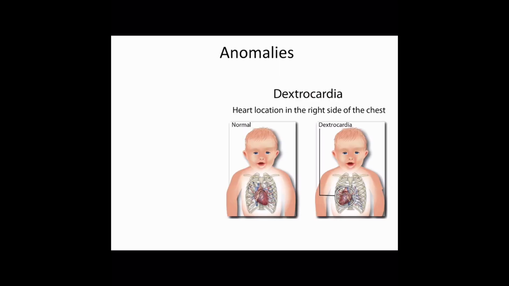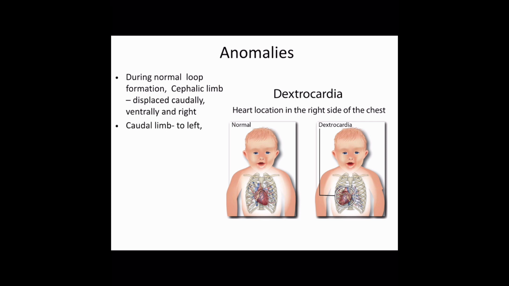Okay, now what are the anomalies? We have already discussed the loop formation, how the loop of the heart tube is formed. During normal looping, the cephalic limb, meaning the bulboventricular limb, is displaced caudally, ventrally and to the right, while the caudal limb is placed to the left. We have already seen the S shape formation. If it occurs exactly on the opposite side, then the heart which is supposed to develop on the left side may develop on the right side, and the condition is called dextrocardia.